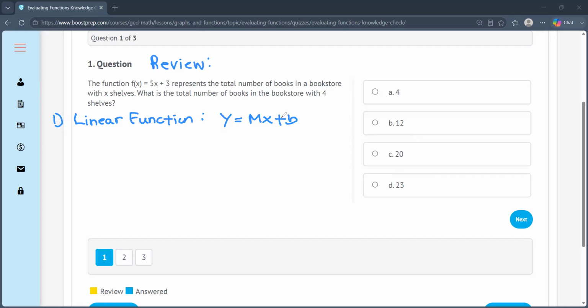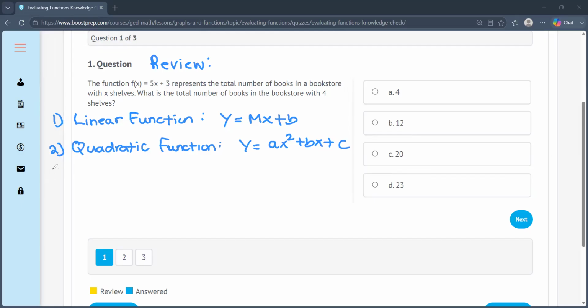The second one is the quadratic, which is in the form of y equals ax squared plus bx plus c. The key note is if the power is 2, that's how you know you're dealing with a quadratic.